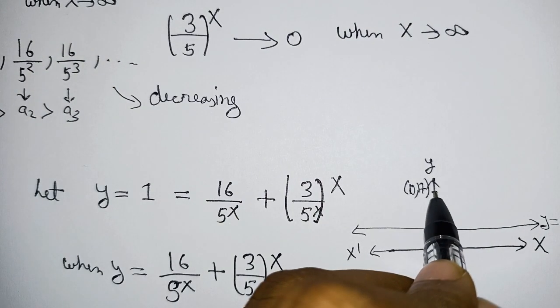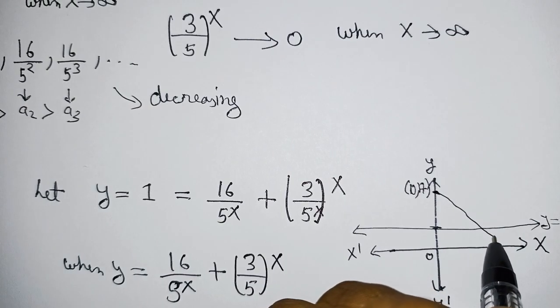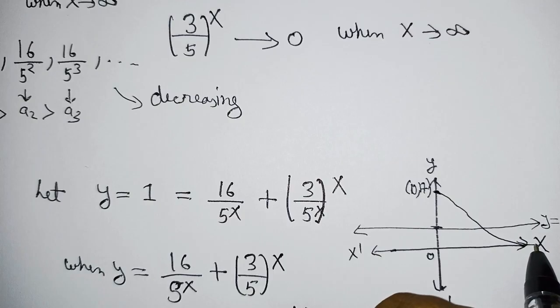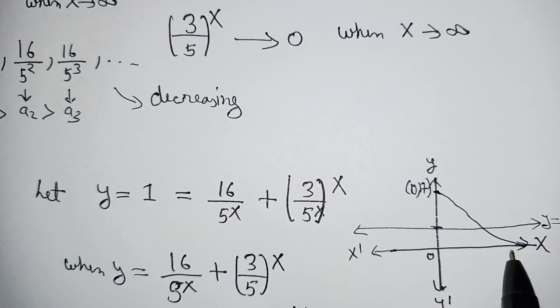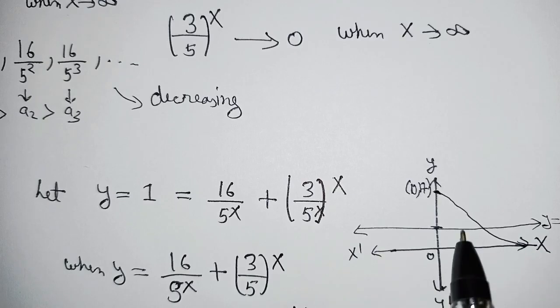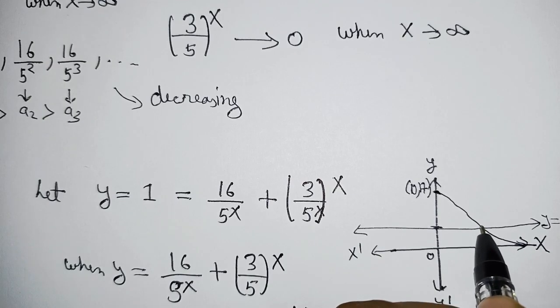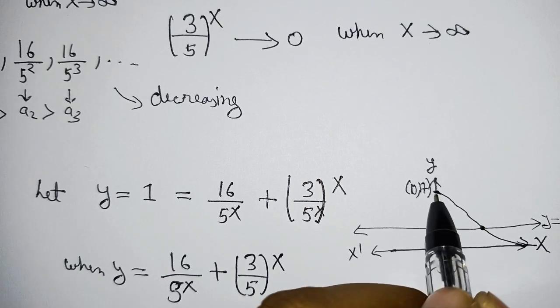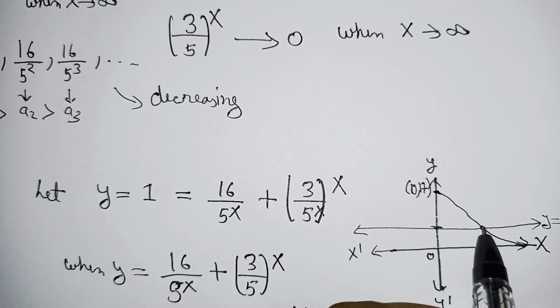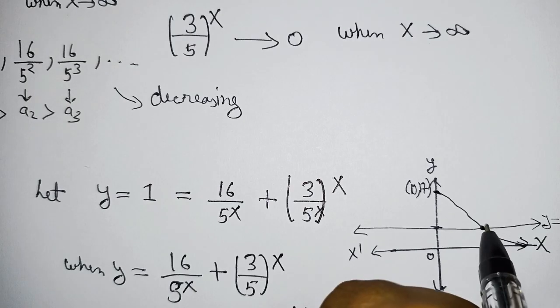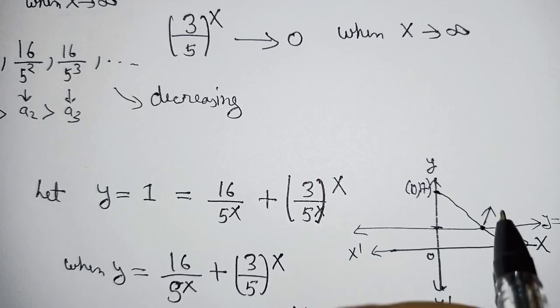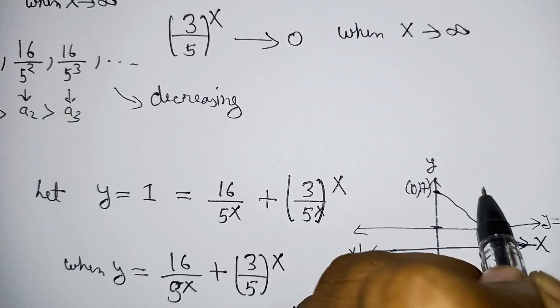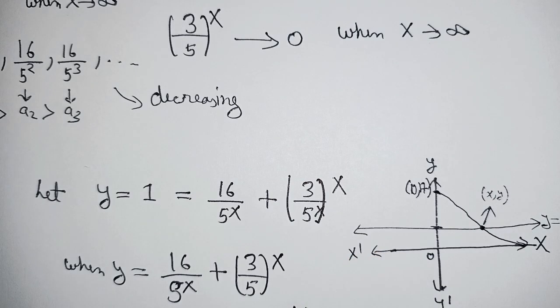That means the curve will be decreasing, or somewhat it will become 0 when x tends to infinity. So there is one intersection point where this line and this curve will intersect each other, and we just need to find this point, so that this is a pair (x, y). So we will get the solution x.